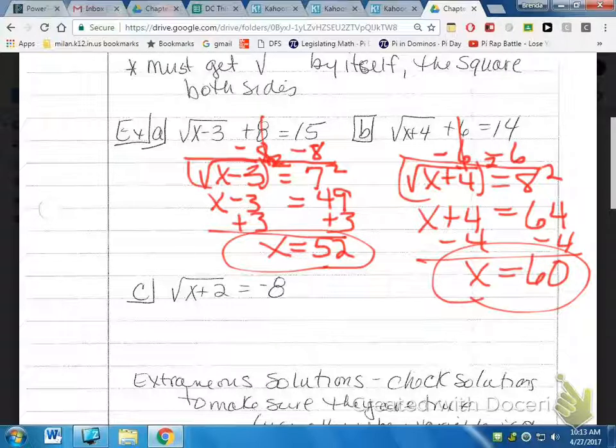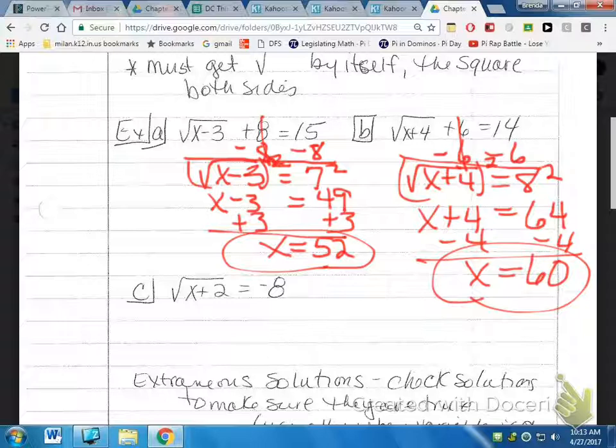All right. The next one, the square root of x plus 2 equals negative 8. Any thoughts on that? Can the square root of anything right now equal a negative anything?